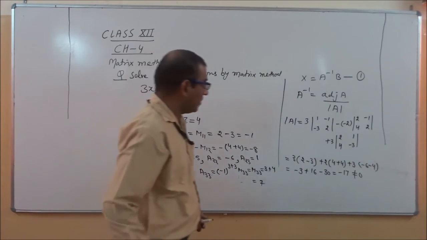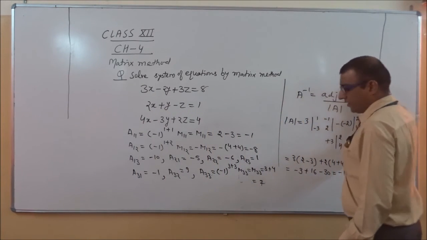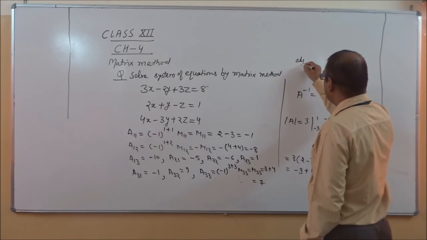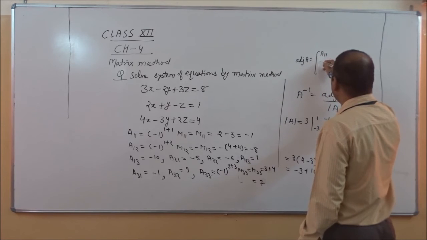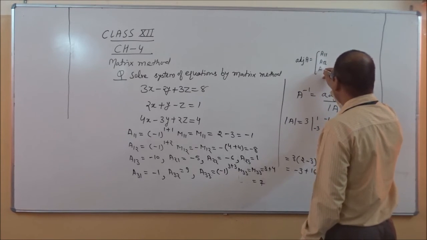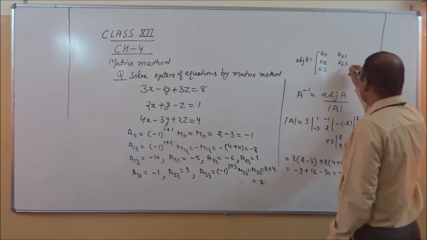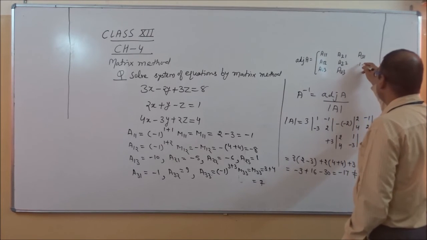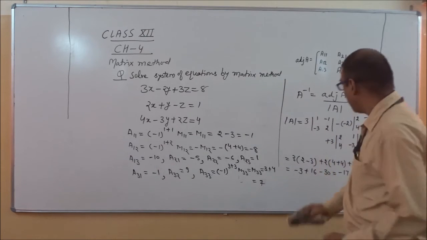After this we will write adjoint A. So adjoint A equals A11, A12, A13, A21, A22, A23, A31, A32, A33. Now we will put all the values of the cofactors.